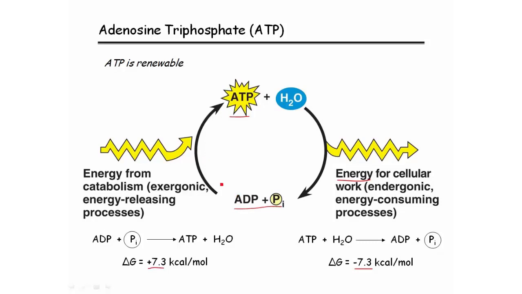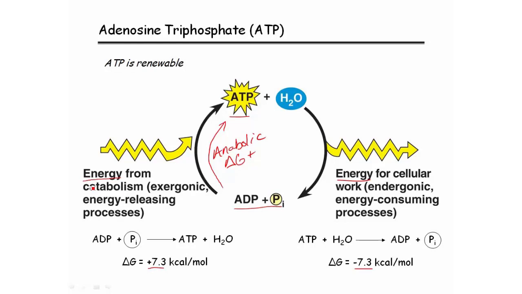So in order to get this side to actually happen, we said that this would be making ATP. This is going to mean that this is going to be anabolic or have a delta G that is positive. So in this case, we're going to need energy. That energy is going to come from catabolic or exergonic processes. So we constantly consume food to get some energy.